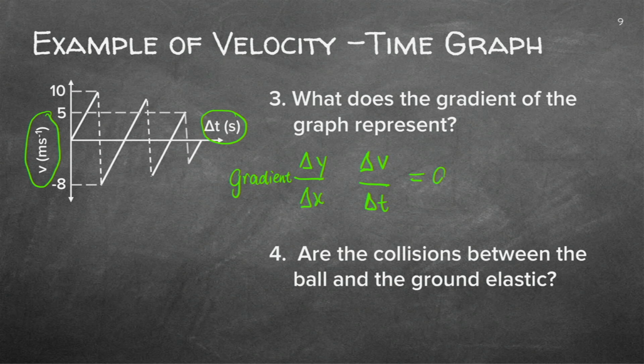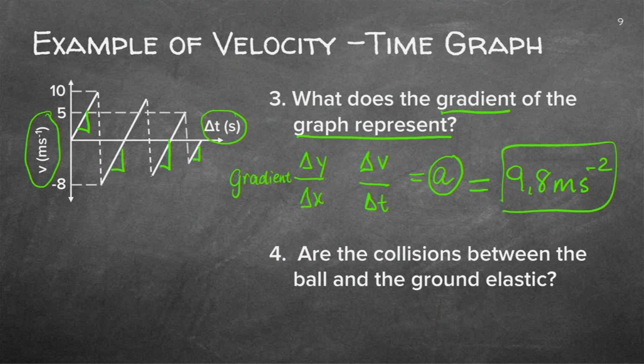And that we know is acceleration. The acceleration is the gradient of this graph. Now, interesting. Can you see this gradient is exactly the same as that one? Exactly the same as that one, exactly the same as that one, because it is 9.8 meters per second squared for all these gradients. It's a constant value, which gives me a constant gradient.